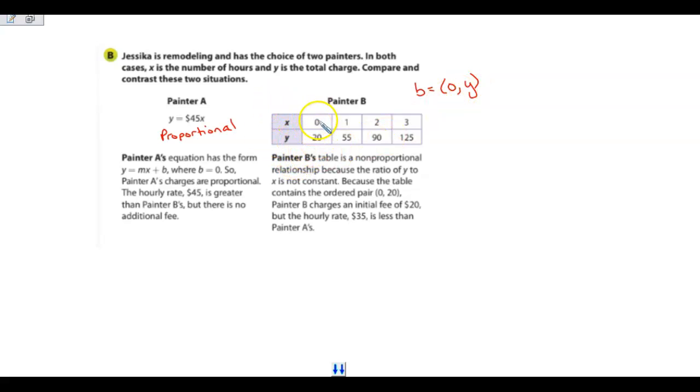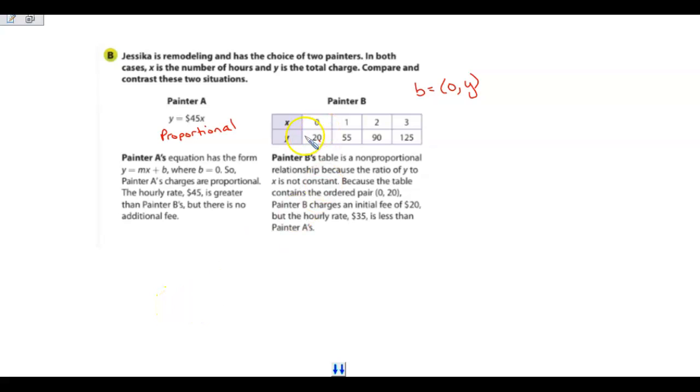And I see here I have 0 and 20. Because I have something besides 0, 0, this is telling me that this is non-proportional. And that's because there's an initial cost of $20 before the painter starts charging per hour.